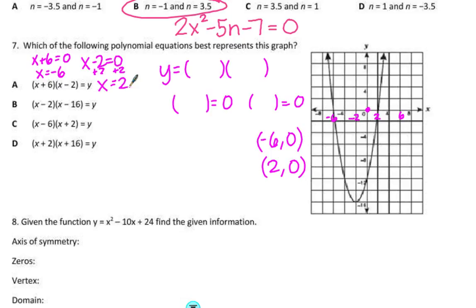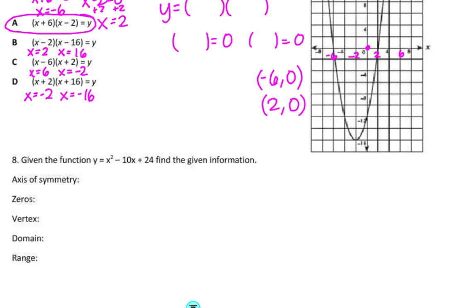That happens to be negative 6 and positive 2, the two roots I was looking for. This one would give me a root at positive 2 and positive 16. This one would give me a root at 6 and negative 2. And down here we would get negative 2 and negative 16 for our roots. Okay, so hopefully you guys can visually see that.